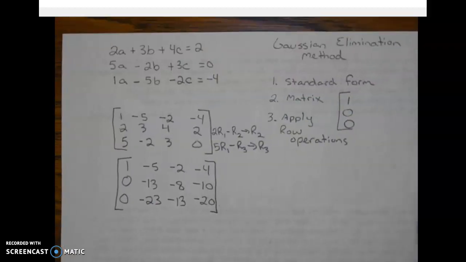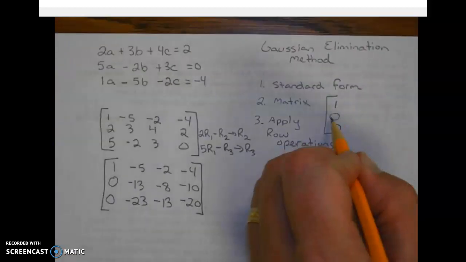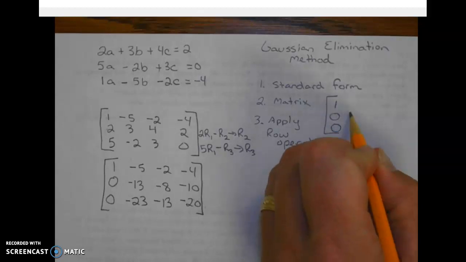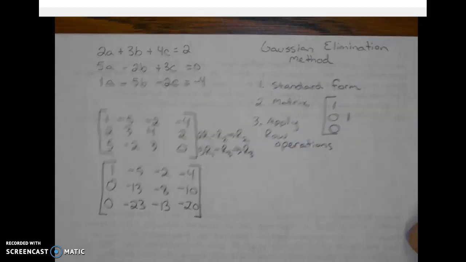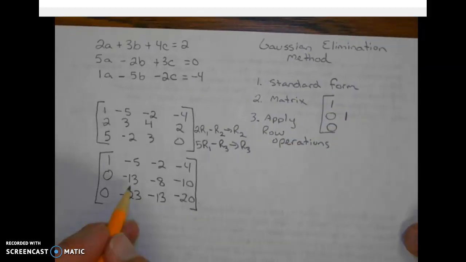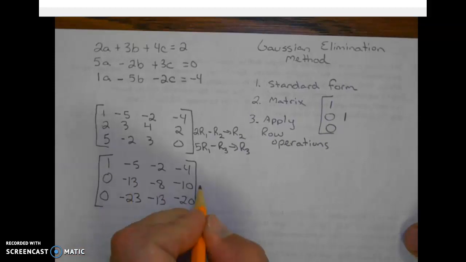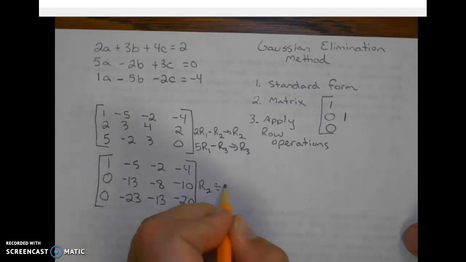The next thing we want to do is we want to start going now to column 2. So we're going to start by getting the 1 here. So to get a 1 in this spot, we're going to go ahead and divide this row by this number. So we're going to take row 2 and divide it by -13.